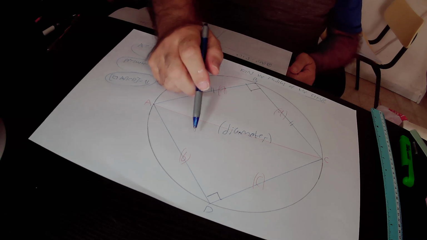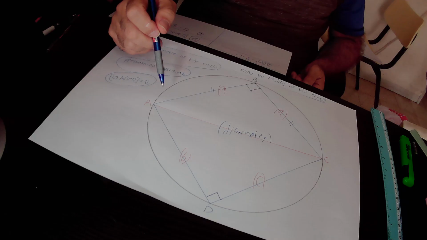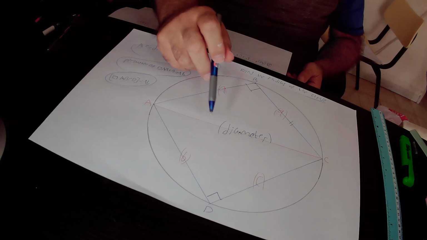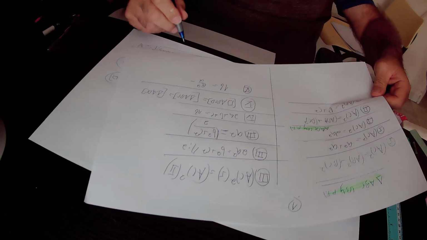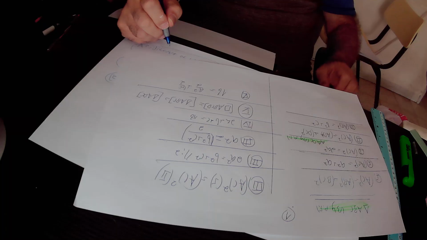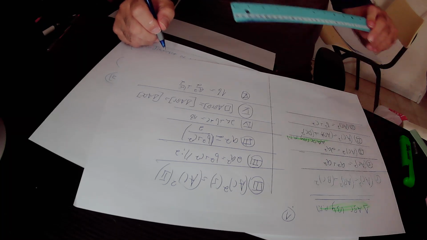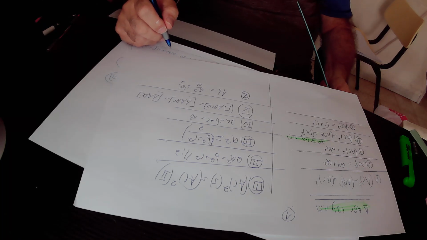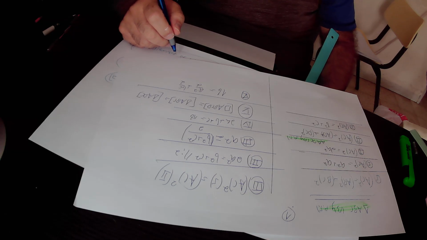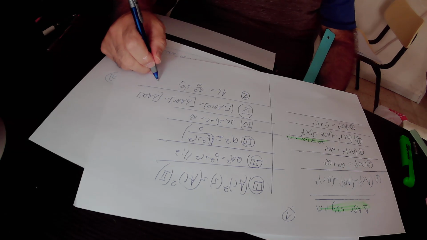The area of this right triangle ADC equals the base AD, that is B, times the height DC, that is C, over 2. So it is BC over 2. So in total, according to equation 5, we found out that 16 equals A squared over 2 plus BC over 2. Here we multiply this equation by 2.